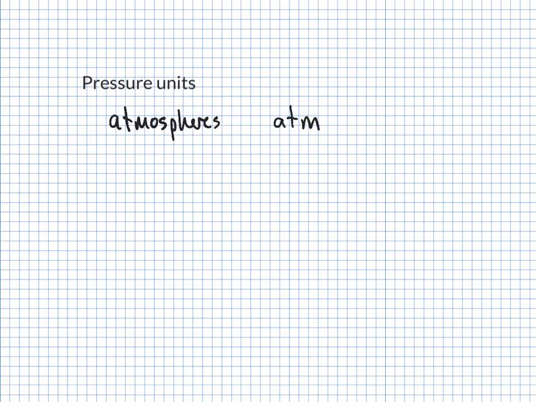That is a pressure unit. The next most common one you will see in AP chemistry is millimeters of mercury, which is literally given as mmHg. That comes from the barometer that you saw in the last video. Here in the United States, we don't use millimeters of mercury in everyday life.